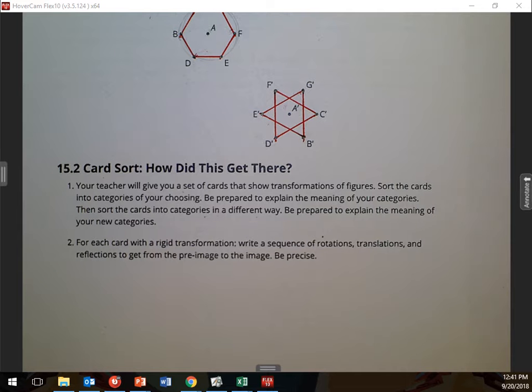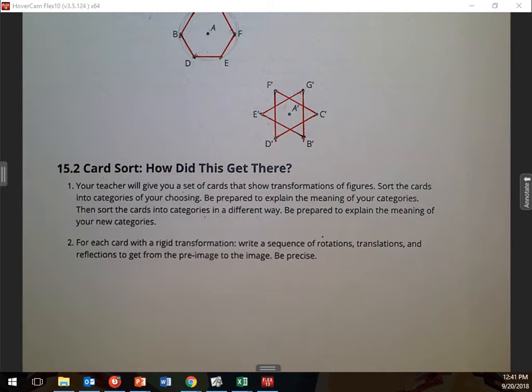Yeah, because like rigid edges. Do we need patty paper for this? No. How many groups do we have?